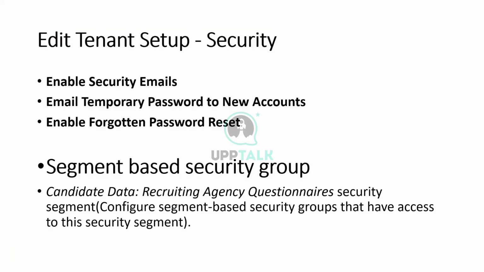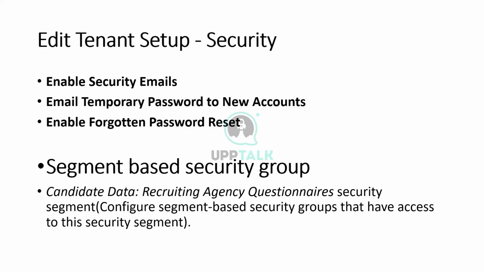What happens if you want recruiters or managers or any other security group to be given the access to see the responses to the questionnaires which agencies have asked of their candidates through the business process submit candidate? If we want to give access to see the responses to any existing security group in the organization, using this domain we can do that.